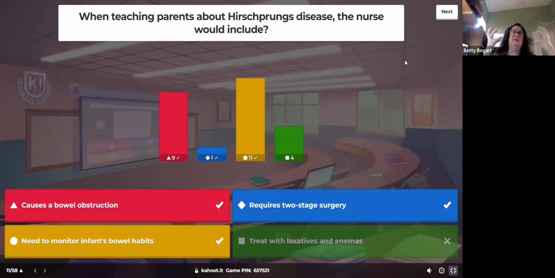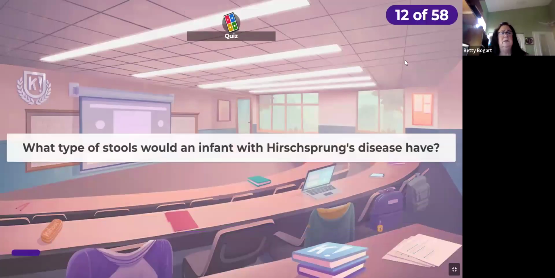Furthermore, because of that, you're taking that piece of intestine out, you should be aware of the bowel habits as we go forward. Hopefully, we're going to do one surgery pull through, but if not, it'll be a two-stage surgery. And we do not do anything like laxatives or enemas with children. We don't believe in them. We do other things, even diet, increasing fluids.